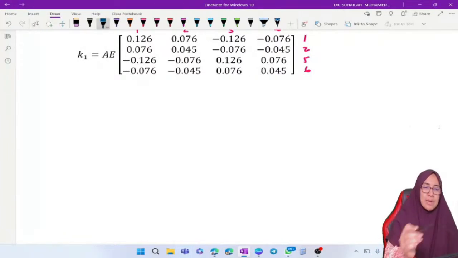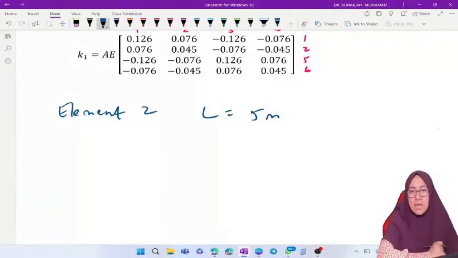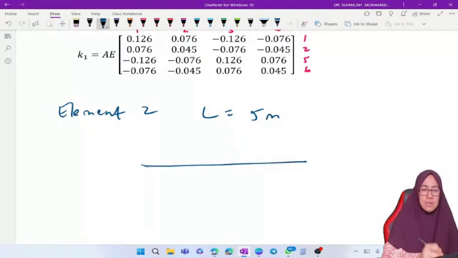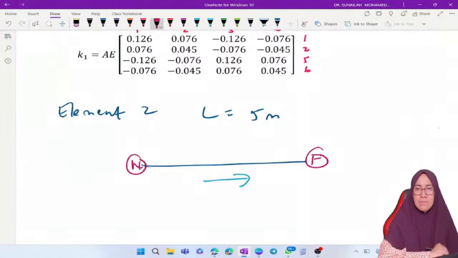Move to element number 2. For element number 2, L is 5 meter. Okay, the arrow like this means that this will be the far end. This is the near end.